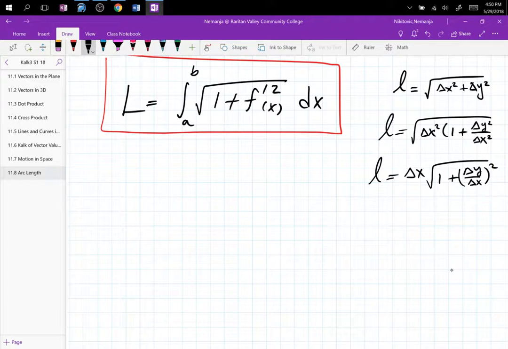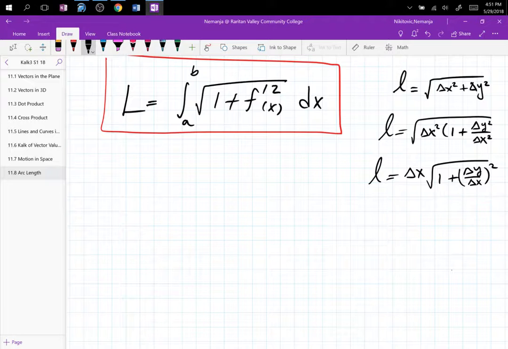Well, what I'm going to do is make this integral be dt, because our parameter is t, or theta, whatever. So let's make it dt.